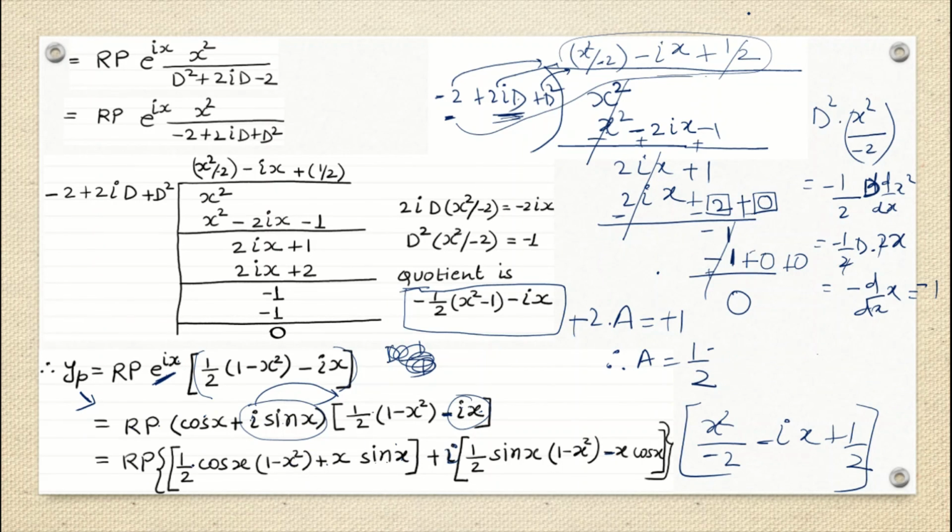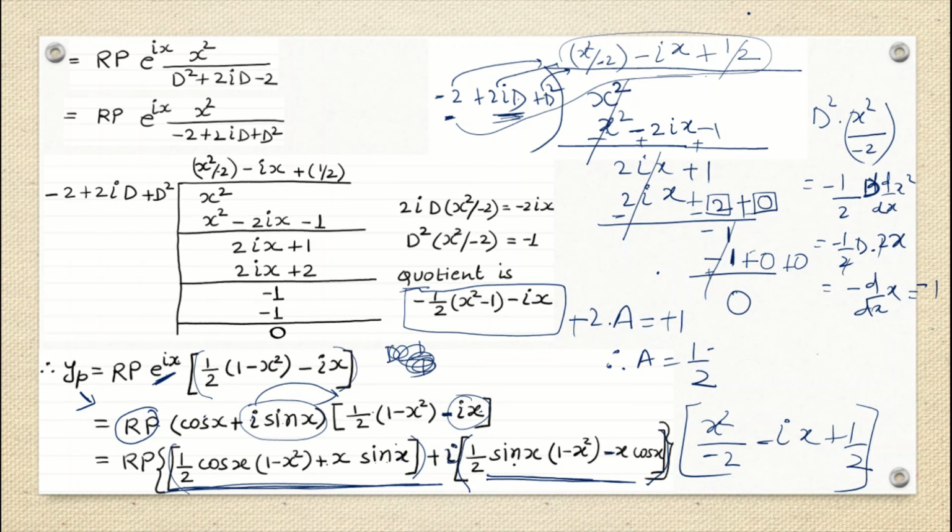Okay, so what is your answer? Your answer of this question is the real part of this much. So this is only your YP of this question, because this term is my real part and this term is my imaginary part. This will actually be the answer when sin x is given to you.